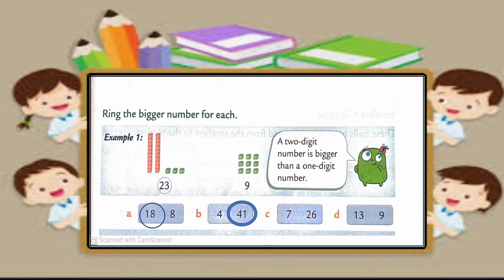Observe it carefully and tell me which is the bigger number. Yes, 26 is the bigger number. We have to make a circle around it. Number D, 13 and 9. Here number 13 is the bigger number. Make a circle around it.